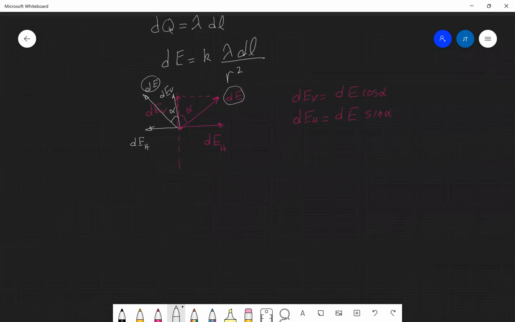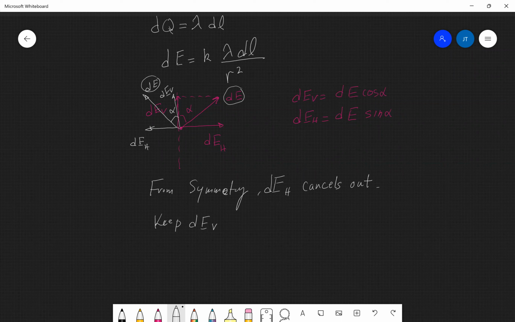Okay, so from symmetry, dE horizontal basically cancels out. So we only keep dE vertical.